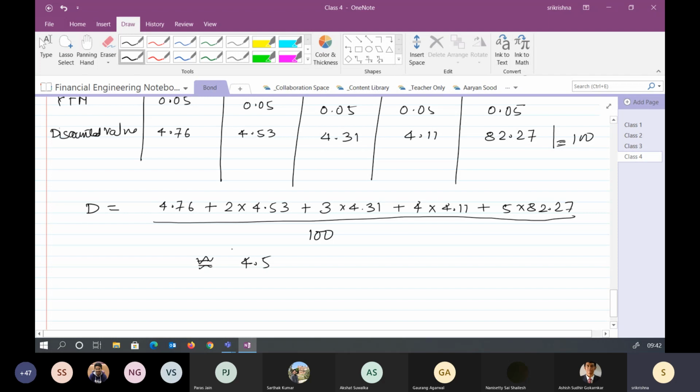You can go and look for what would be the exact value. So when the duration is known, y dash has become 4.5. So from 5% it has changed to 4.5. It means that the delta y is now how much? Minus 0.05.